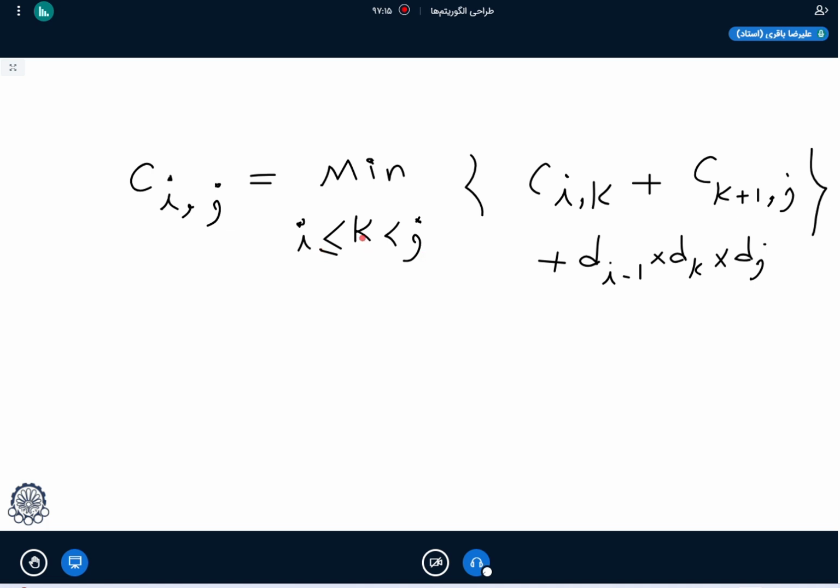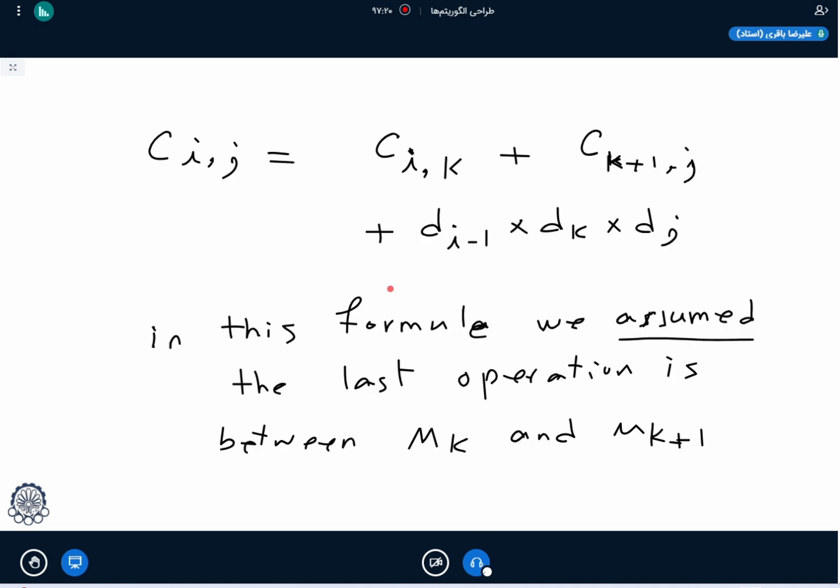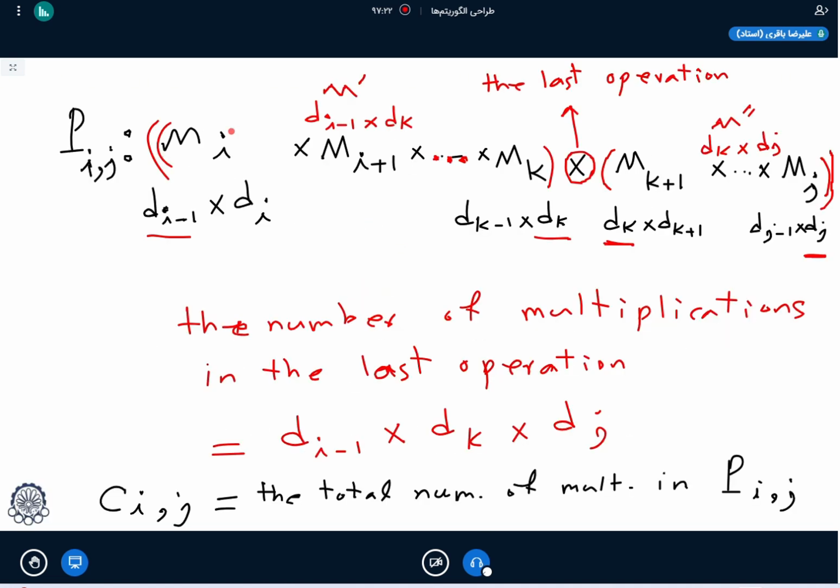There are some possibilities for the last operation. The last operation may be between Mi and M(i+1), between M(i+1) and M(i+2), between Mk and M(k+1), up to between M(j-1) and Mj. So the last operation has some possible options.